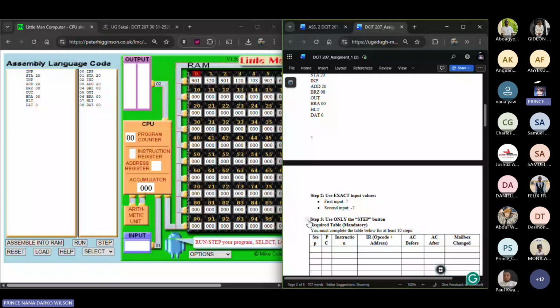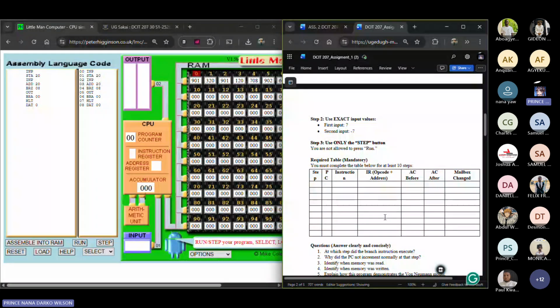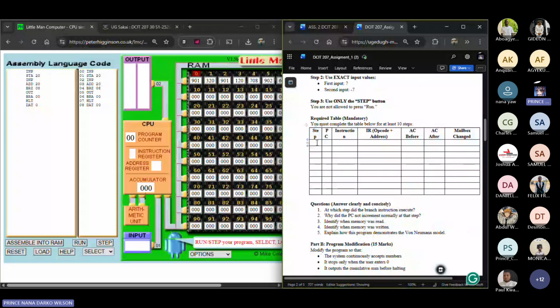We should step it one by one and observe what happens at every stage, and as we step, we list what happens at every step. So the steps will be step 1, step 2 in your table, step 3, step 4, step 5, 6, 7, 8, 9. It says at least 10 steps, so you can add one more row beneath it and step 10 times. So add one more row and then step 10, like that.